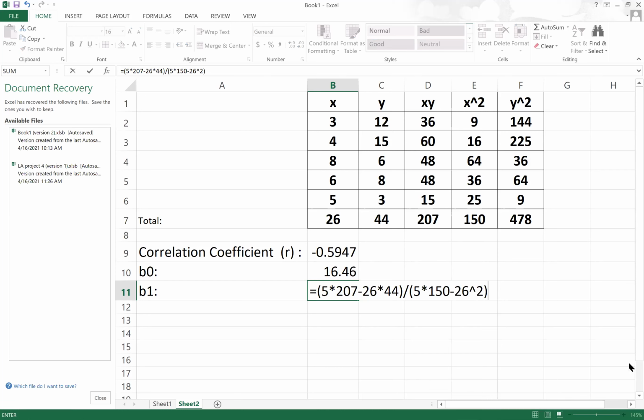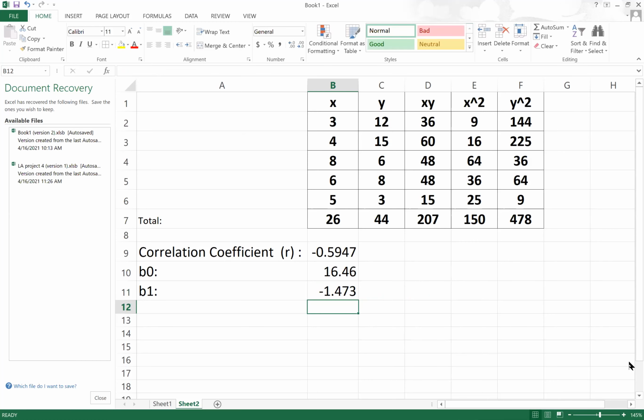Right, one more time, that's the proper input and just hit enter. There you got it. Okay, it's negative 1.47. We do expect to have a negative number.